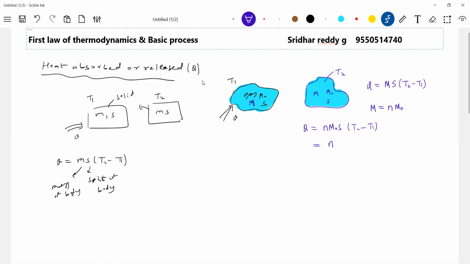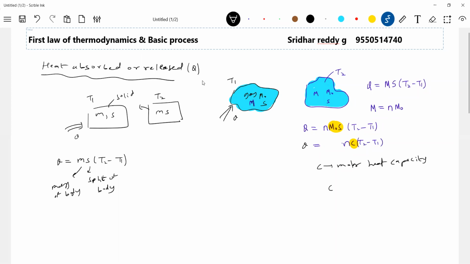Number of moles as it is. This M naught into S, I'll call it the molar heat capacity. I will define it as C. So C is called the molar heat capacity.